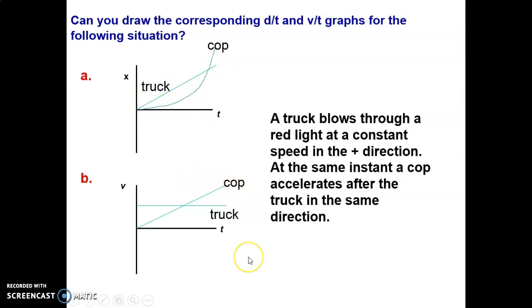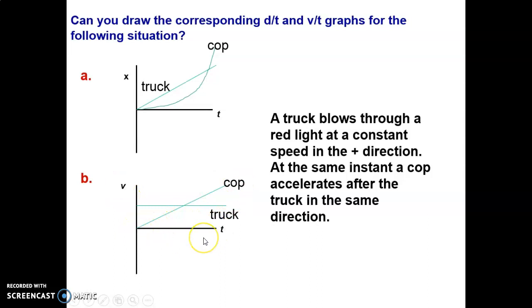Now, what about the cop line? Well, I went ahead and shown both of them to you. What is the cop doing? Well, the cop accelerates after the truck at a constant acceleration, which I should have written in here. So at the same time, the cop is starting from zero speed. That's why in this VT graph, the cop's line starts here at 0.